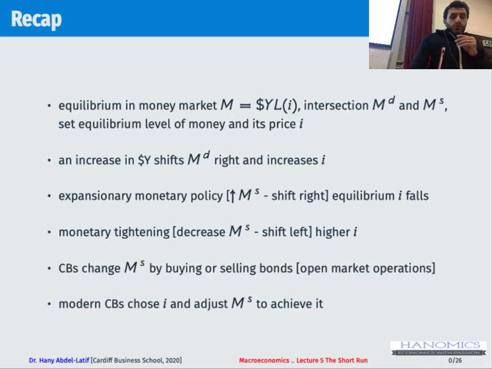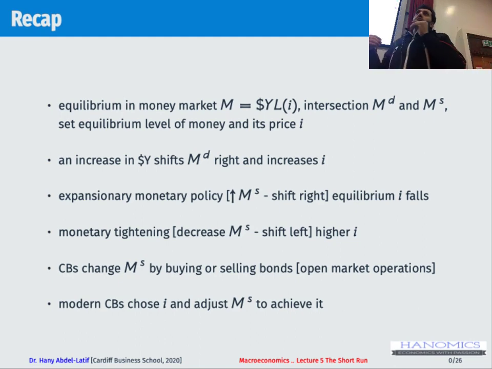So we also highlighted how the central bank changes the money supply in the economy. They enter the bonds market as a buyer or as a seller, depending on what they want to achieve.